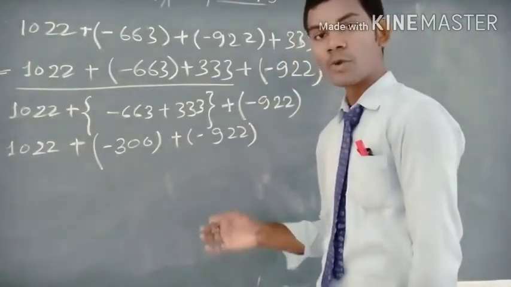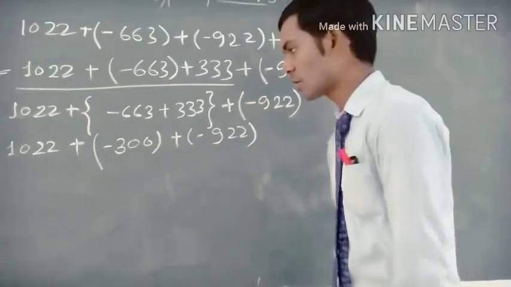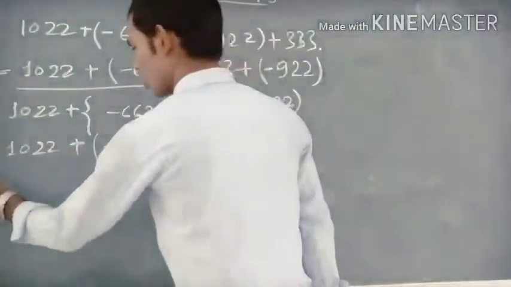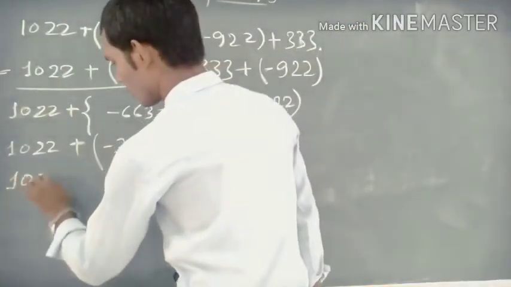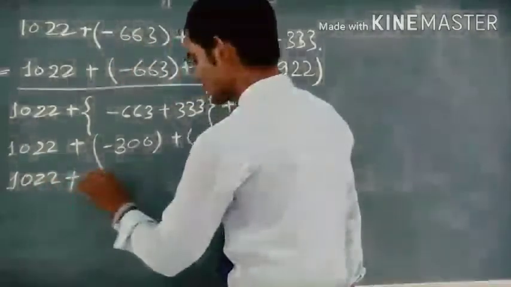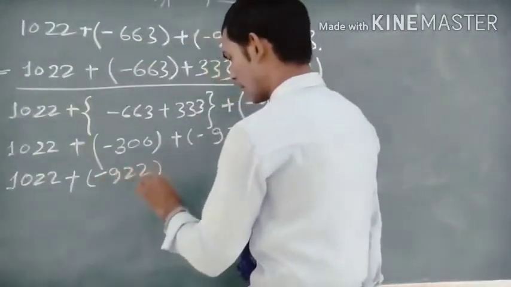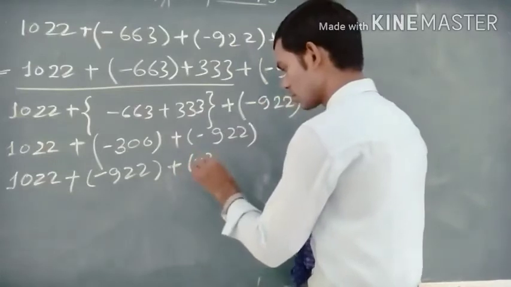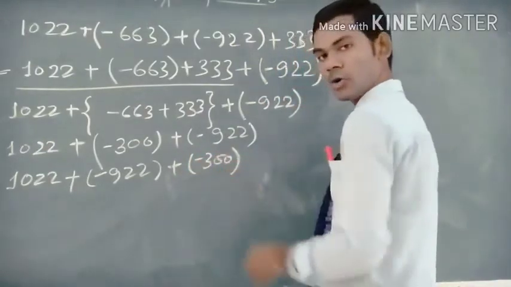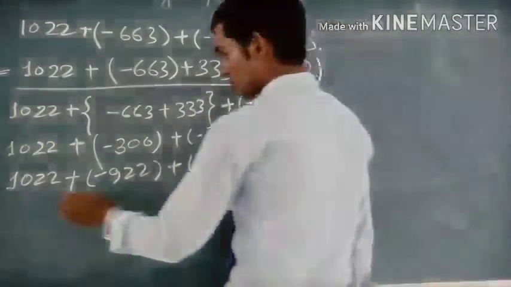Before this we have to do a small arrangement here. So we do the small arrangement: 1022 plus minus 922 and plus minus 300. Okay, and now we apply the associativity property.